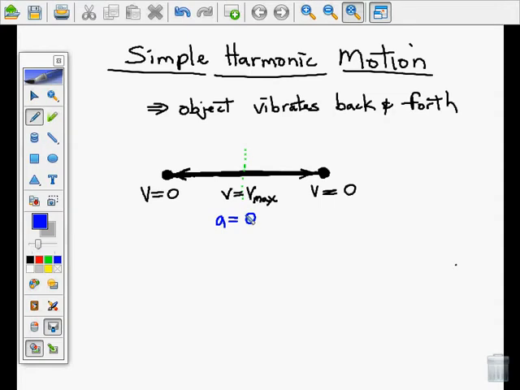So at the two endpoints, the acceleration is the maximum value. And in order to be classified as simple harmonic motion, the acceleration has to be directly proportional to x, which is how far away from that middle point.